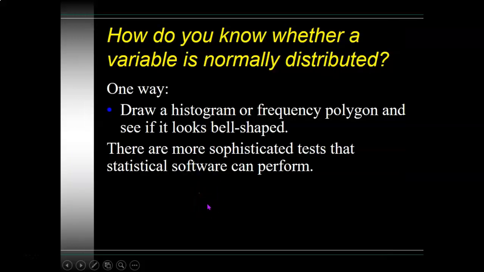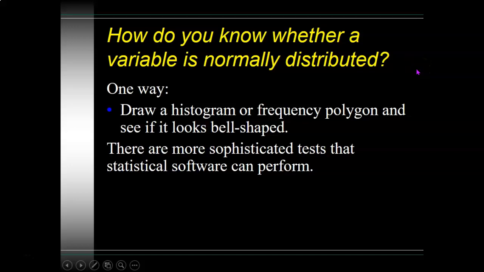Now, all of these problems depend on having a situation where we're dealing with a variable that is normally distributed. So, how do you know whether that's true or not? Well, that kind of goes beyond what we're covering in this course.